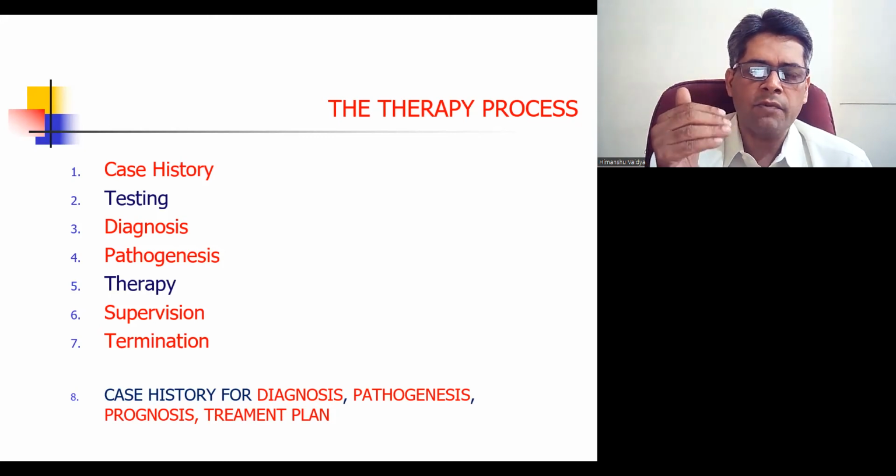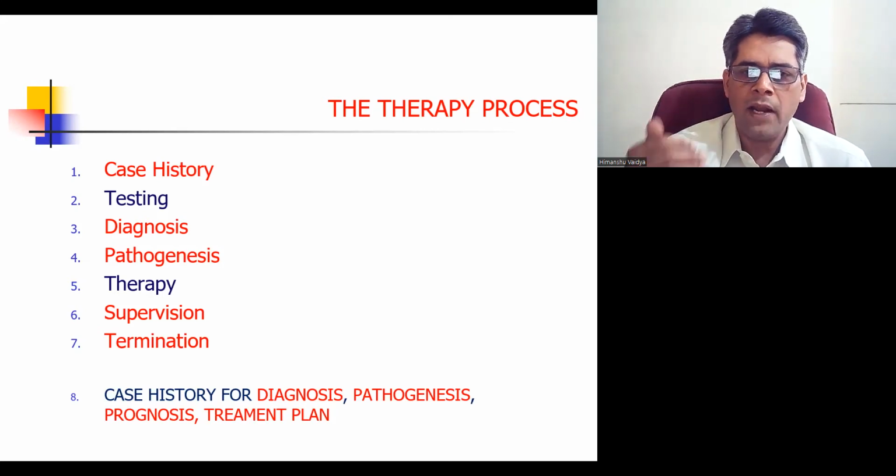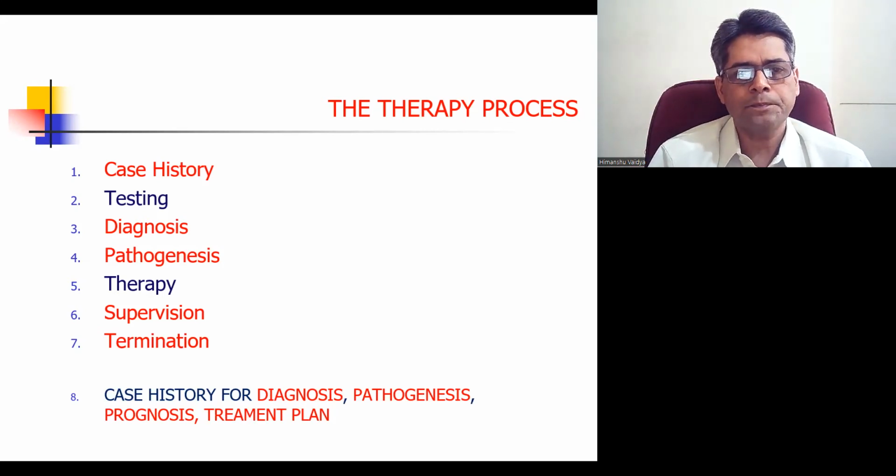These are areas where we can take the help of psychological testing to help us in our decision making. In certain situations, it may be a legal necessity to provide a psychological test report, and there we don't have a choice but to go for step number 2.